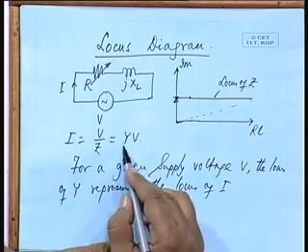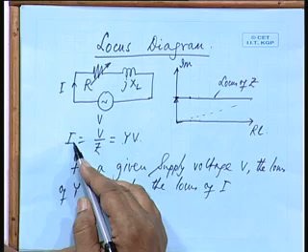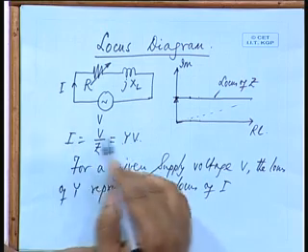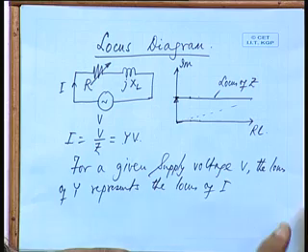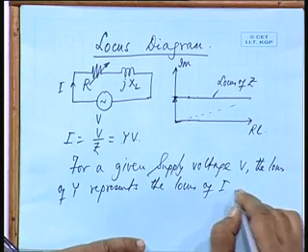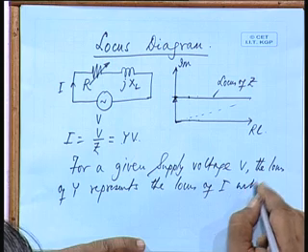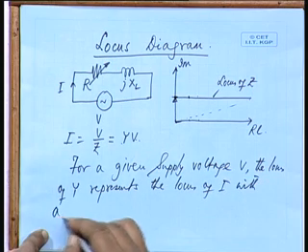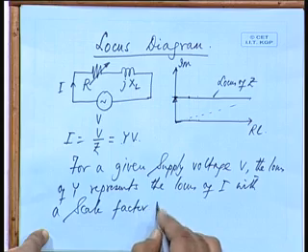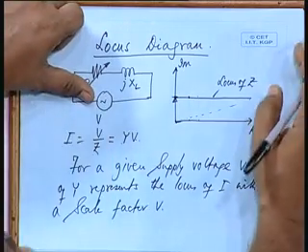Y is having the dimension of mho, all right, unit of mho. I is current, ampere. So, obviously, it will be only a scaled version with a different unit, the locus of I with a scale factor V. We can change the scale, that is not a problem.